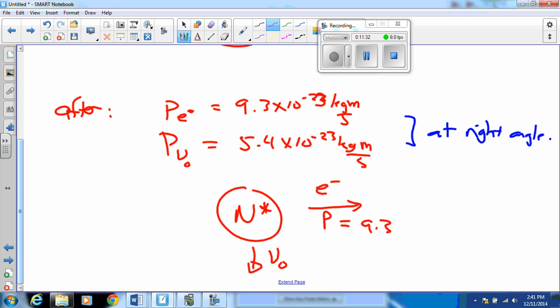Since everything in this problem is times 10 to the minus 23rd kilogram meters per second, I'm just going to represent the mantissas, and we'll put the 10 to the minus 23rd back where it came from at the end. So is everybody comfortable with how I've represented this? We've got the momenta at right angles. Up or down doesn't really matter.